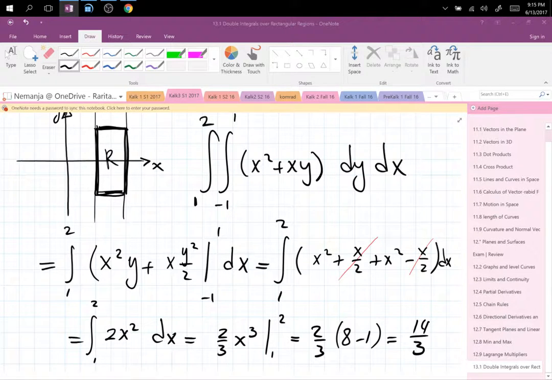You will see after the exam we are going to cover 13.2 on general regions. You will have functions and limits. And you will have to obey certain rules for the whole thing to be computable.